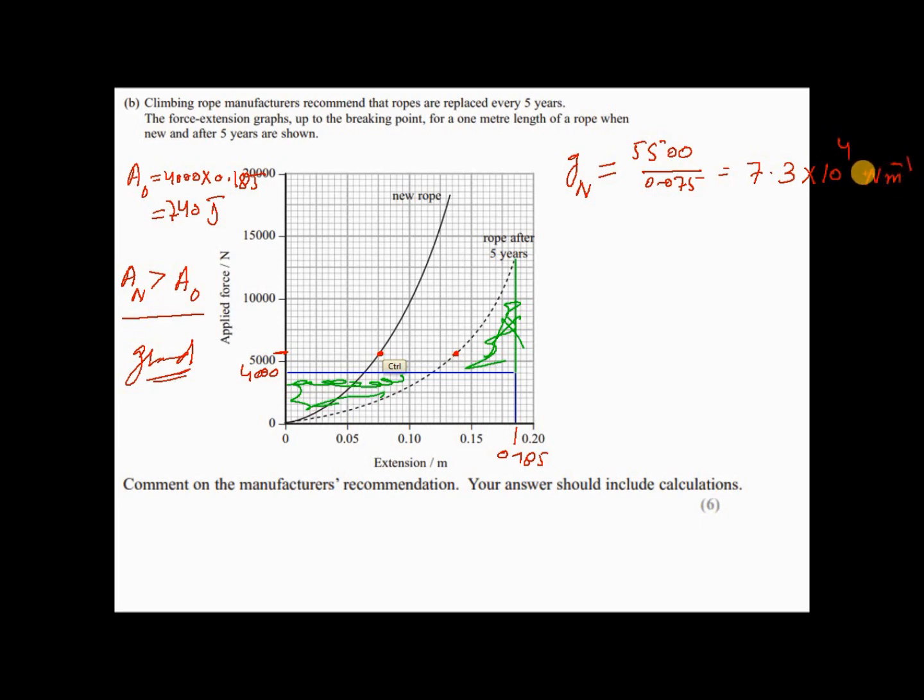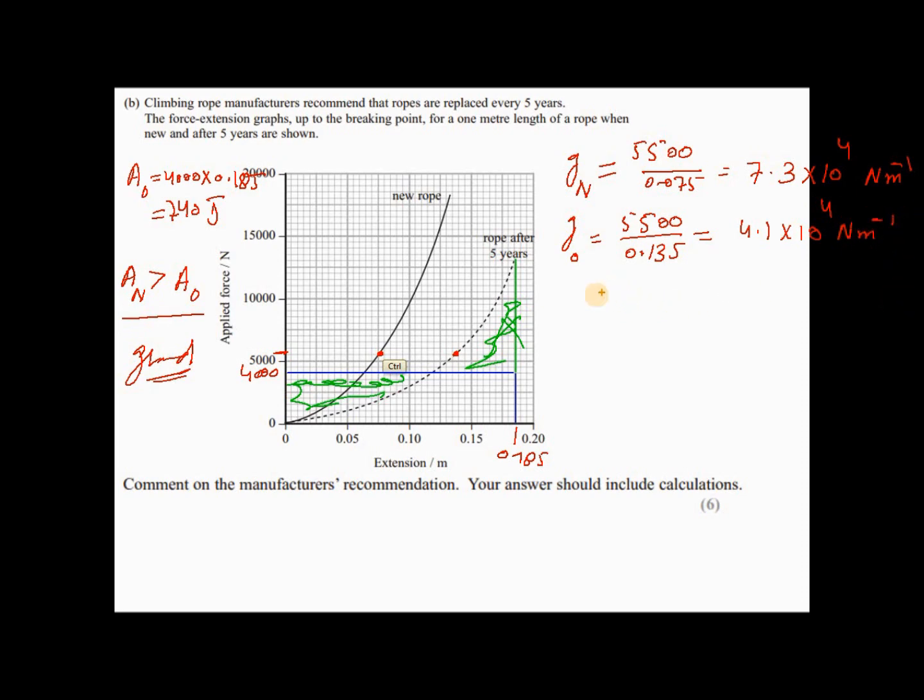This is the stiffness of the new rope, and the gradient of the old rope would be 5500, the same amount of force but at a different extension, different point. So 0.135, the gradient will be 4.1 times 10 to the power 4 newton meter inverse.